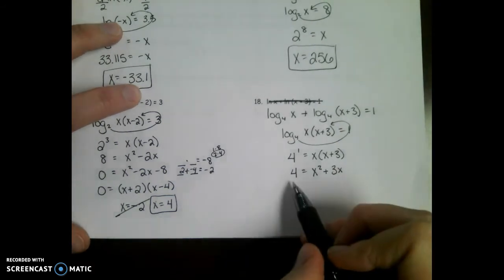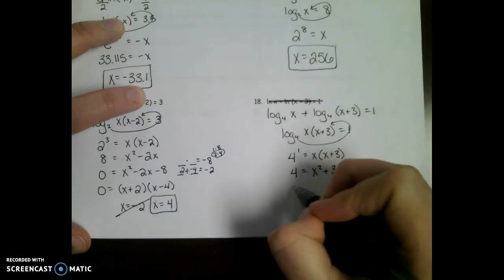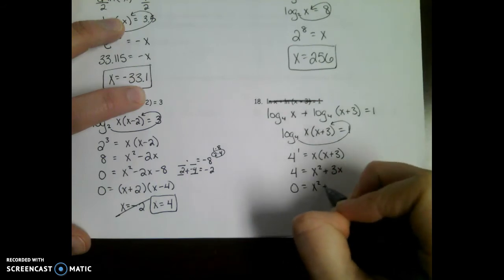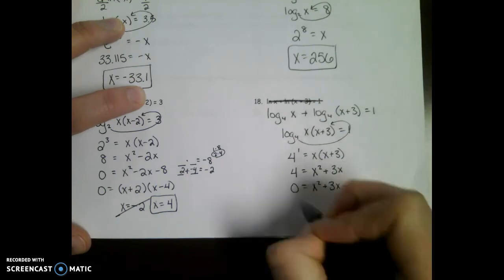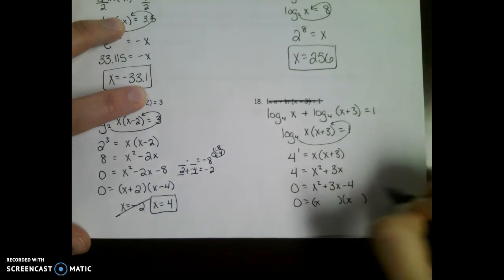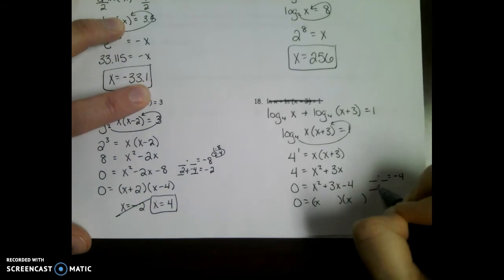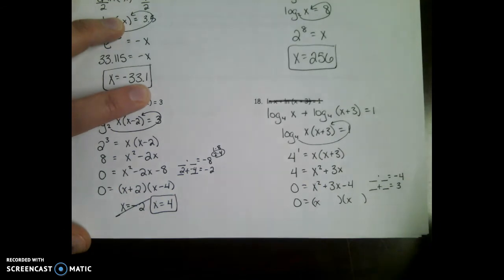Now we need to get 0 on one side, so we're subtracting 4 on both sides. So we're looking for two numbers that multiply to give us -4 and add up to +3.